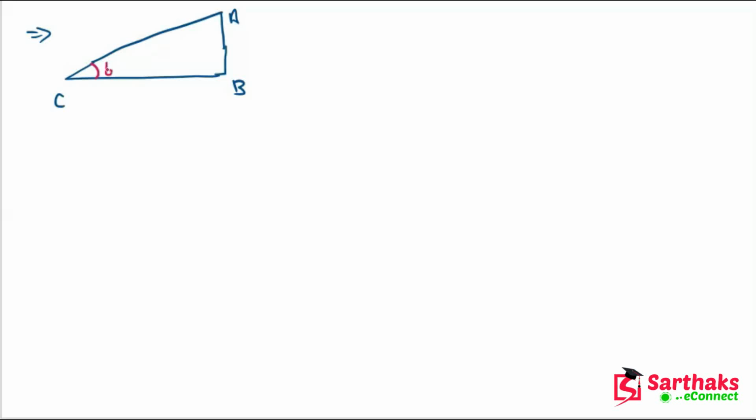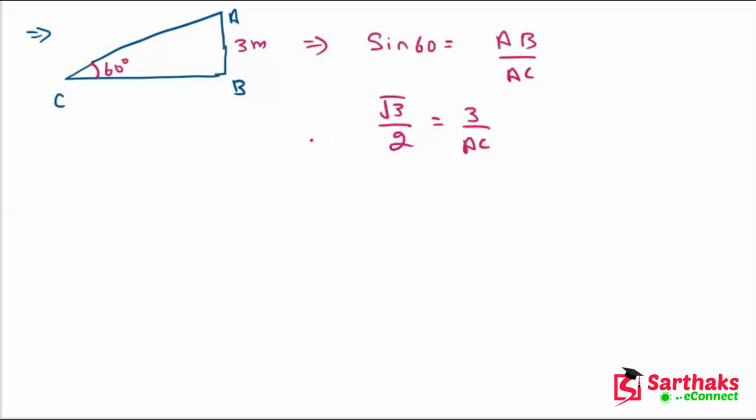Again we have to find AC. So sine 60 degree equals AB upon AC. So now this is root 3 upon 2, which equals 3 upon AC.